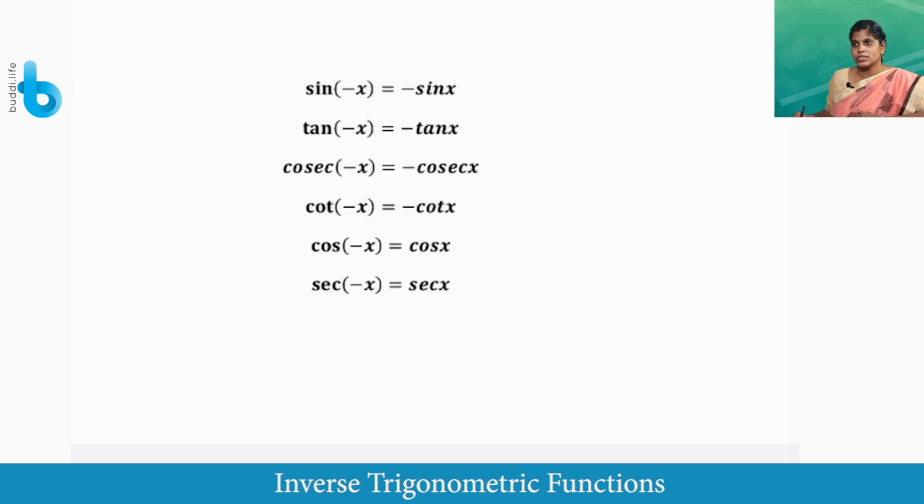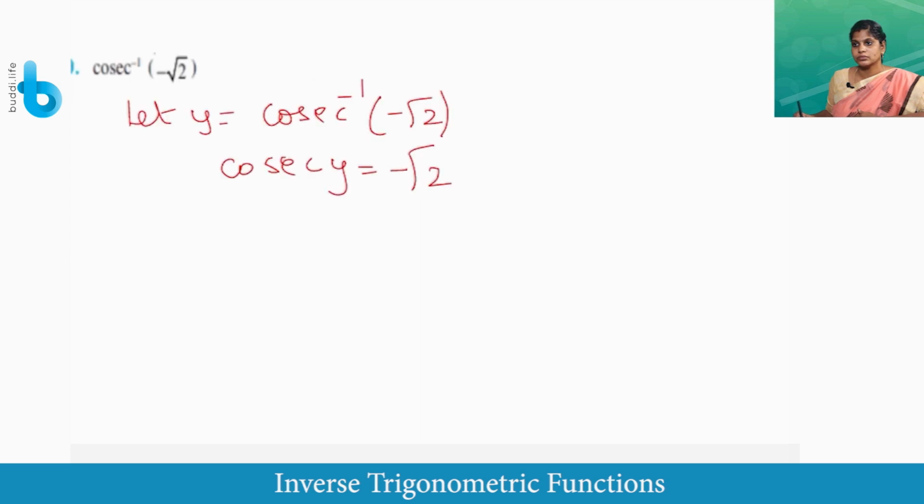Cosecant root 2 is 45 degree, and pi by 4 is 45 degree. So when cosecant y equal to minus cosecant pi by 4, cosecant will get its angle negative.